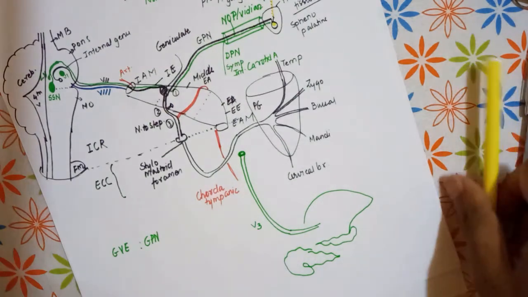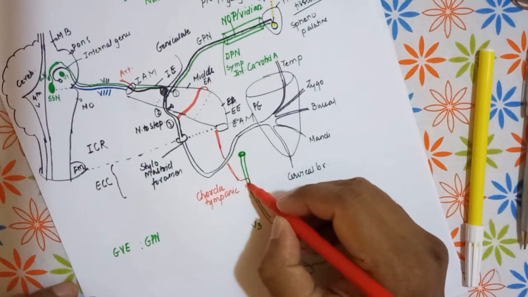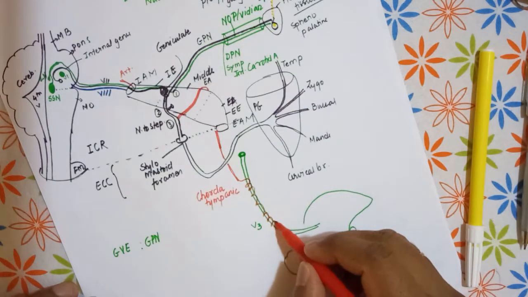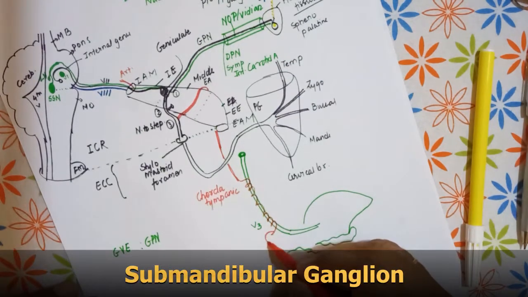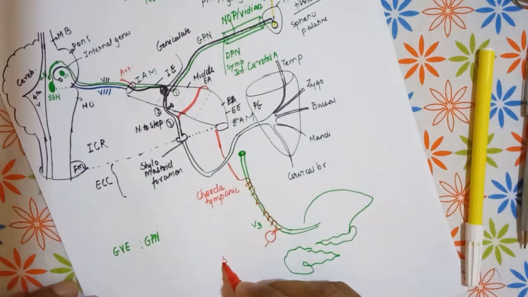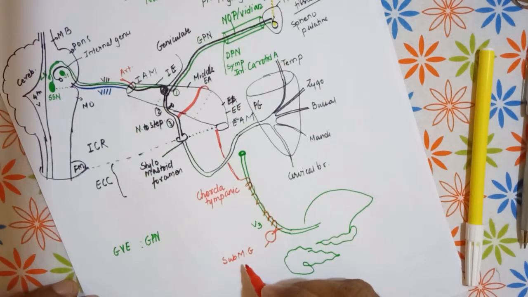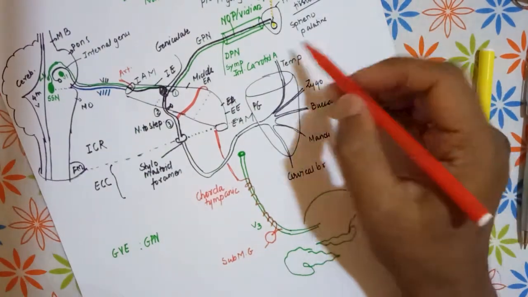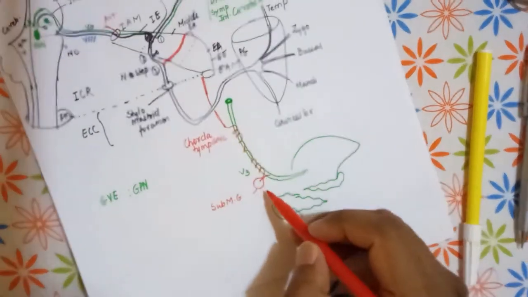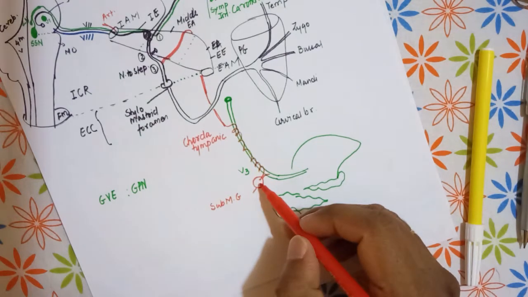Facial nerve takes the help of this lingual nerve, so it winds around the lingual nerve and then it reaches a ganglion which is hanging from the lingual nerve. This ganglion is called the submandibular ganglion. Like our pterygopalatine ganglion, this is also the relay station of the parasympathetic fibers.